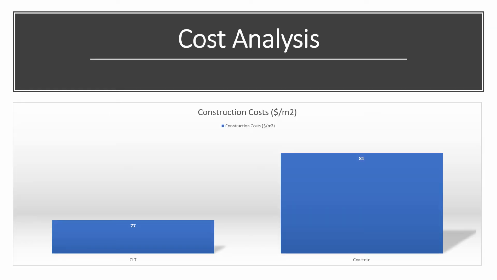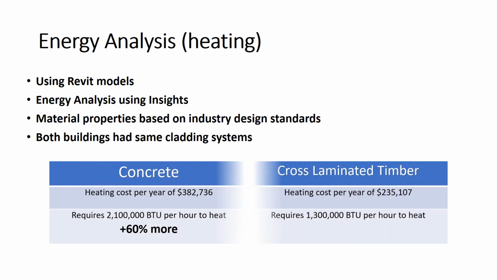So key takeaways: cost analysis. We looked at the cost of the buildings and construction. CLT turned out to be cheaper, about 5 to 10% cheaper than the building in concrete. We also did a heat analysis of the material, based on volumetric measurement of the total mass.